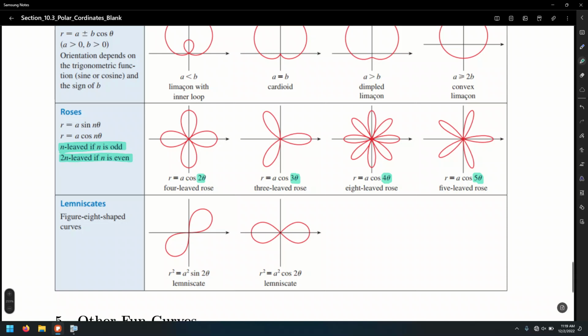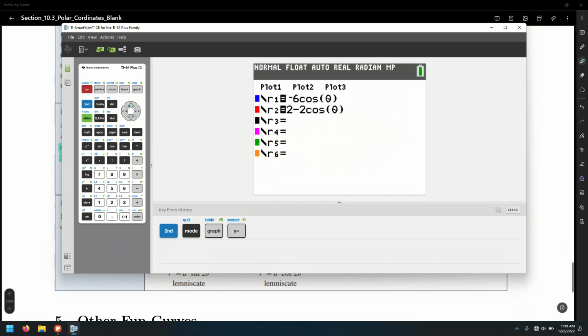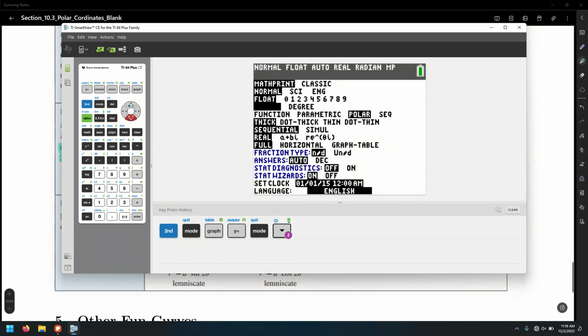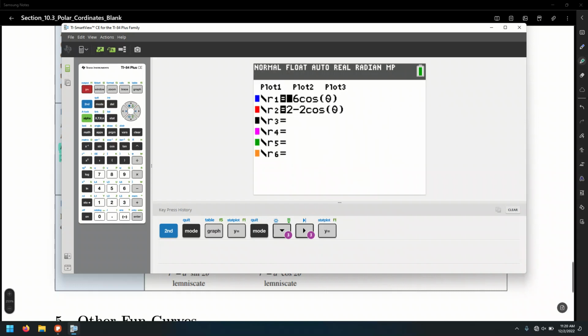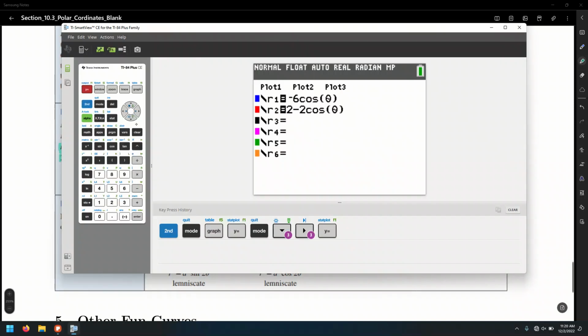Now, let me go to the graphing calculator. Okay, see, the mode number 1 has to be in radians, and make sure to be in polar mode. All right. Then when you go to y equals, well, you will see these are equations left from my lecture a couple nights ago.